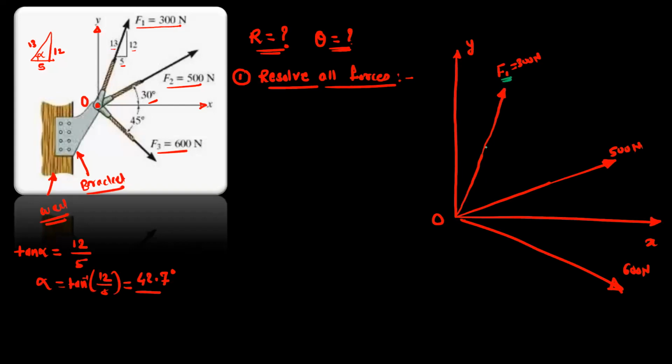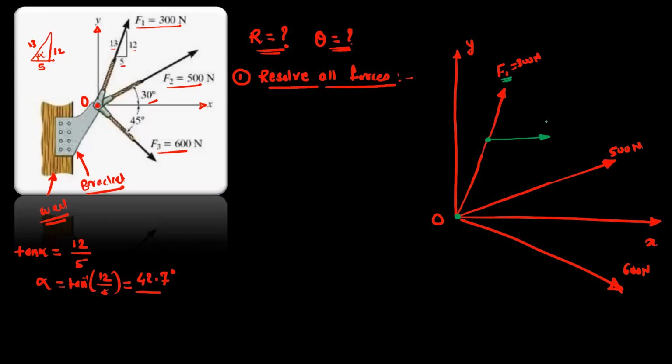For the resolution, you can resolve the forces at this point directly. But if you resolve all the forces at the point O, then the components will overlap. So instead of the point O, you can select any other point on this line. I will select this point. Now we want the X component for F1, so draw the vector parallel to X axis.